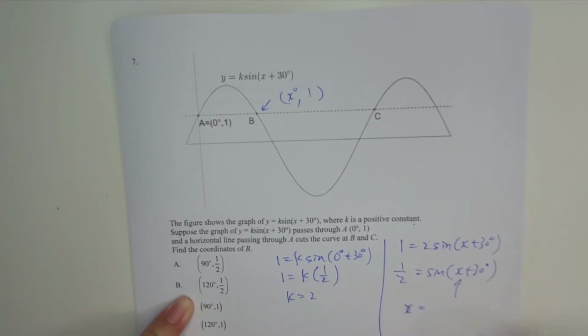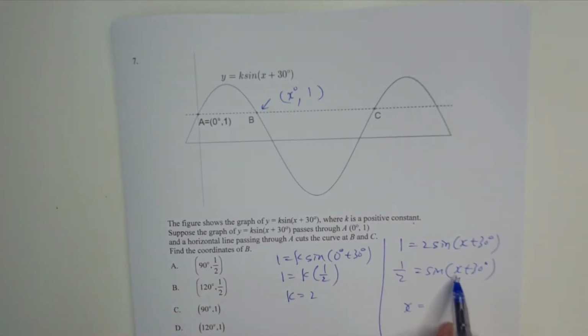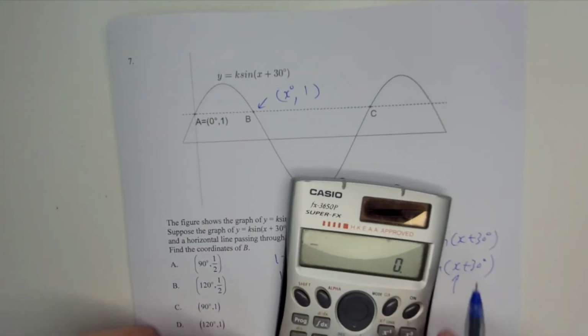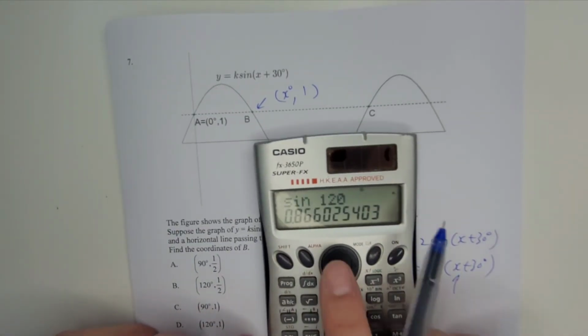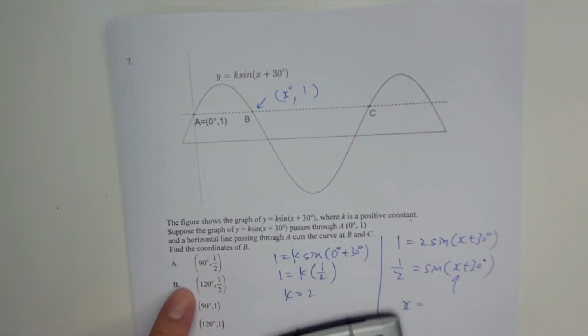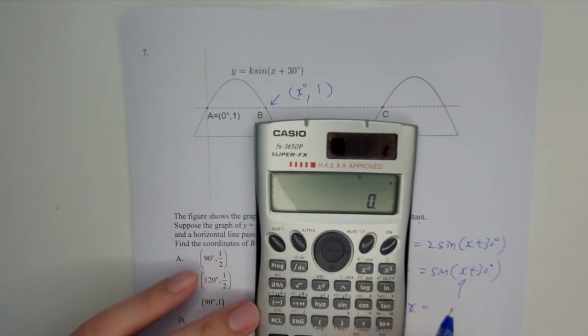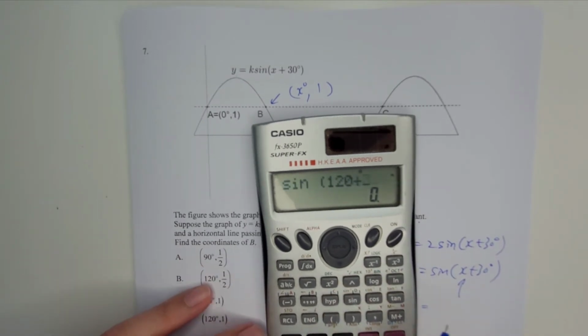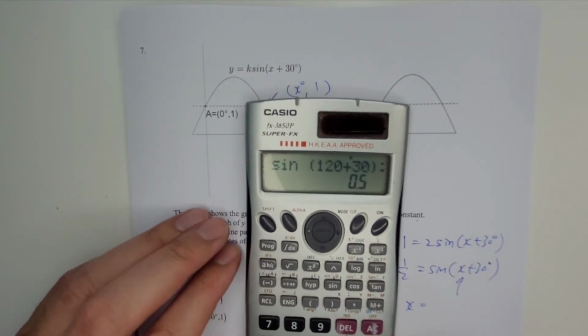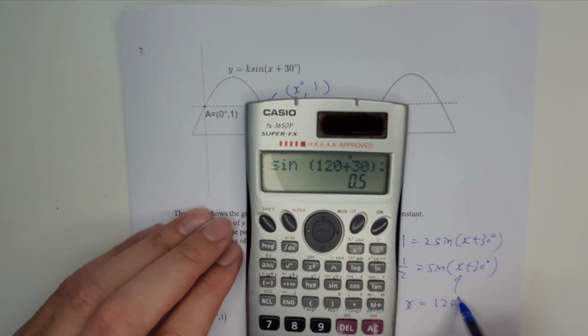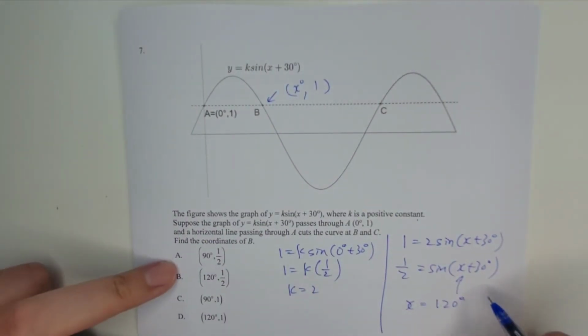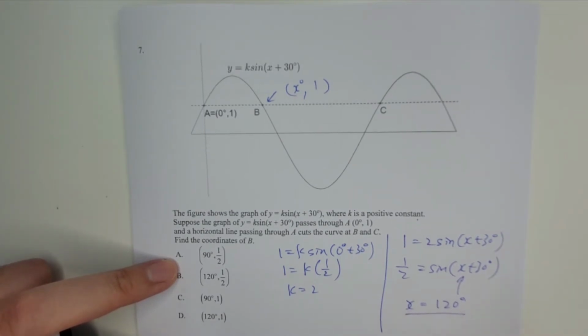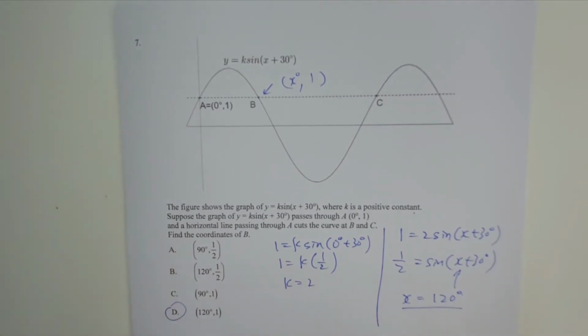If you substitute 90, 90 plus 30, that's 120. So sine 120 degrees is not 1 over 2. How about 120? When you substitute x equal to 120, plus 30 degrees, yes, you can get 0.5. So x will be 120. And you know that the x coordinate is 120 and the y coordinate is 1. So the answer is D.